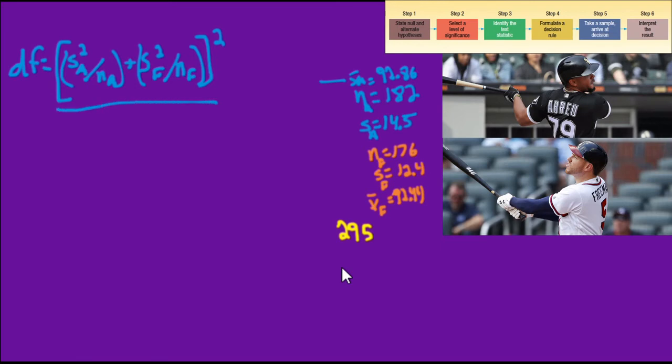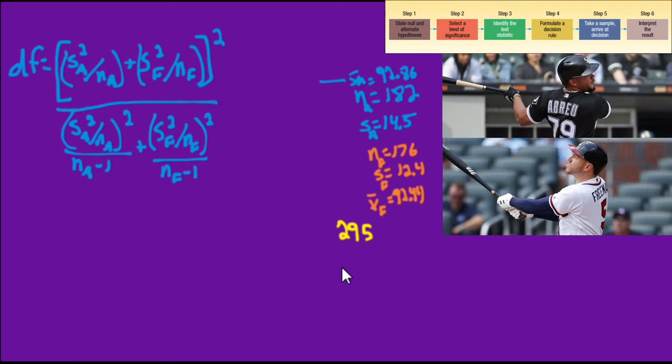And then that is all over SA squared divided by NA, this smaller part squared, and that's going to be divided by NA minus 1. And then the flip side, same type of thing here, and divided by NF minus 1.